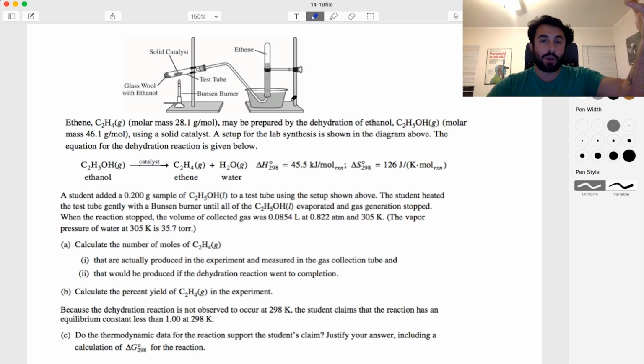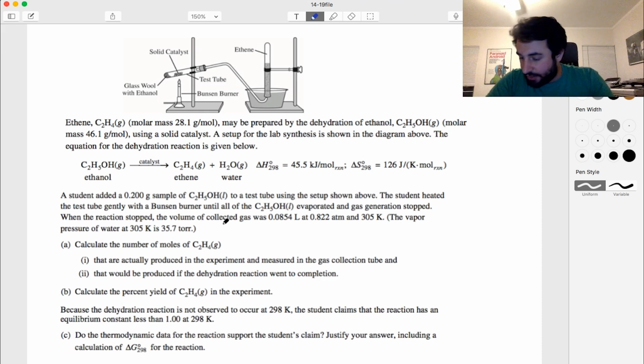They're going to exist as water vapor at any given time, and that's going to contribute to the total pressure in here. But we don't want that in there because we don't care about the water vapor. We're trying to figure out how much ethene is in there. So we have to subtract the vapor pressure of water at that temperature in order to get the pressure, or really the partial pressure of ethene. That's what we're going to put into the ideal gas law.